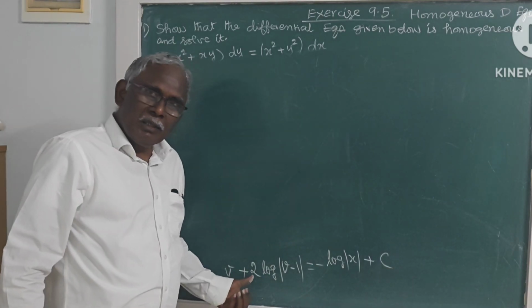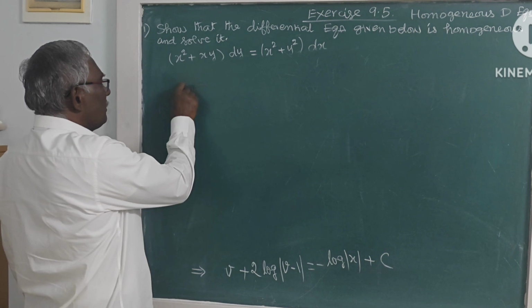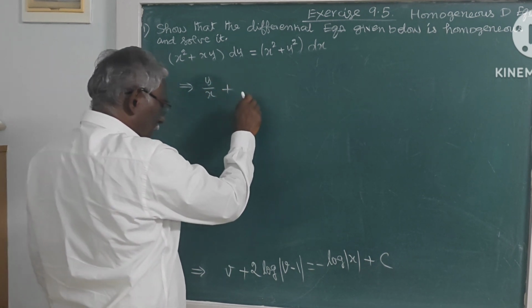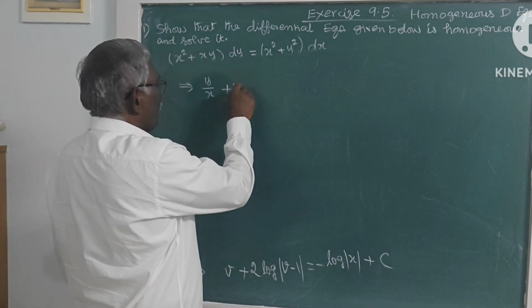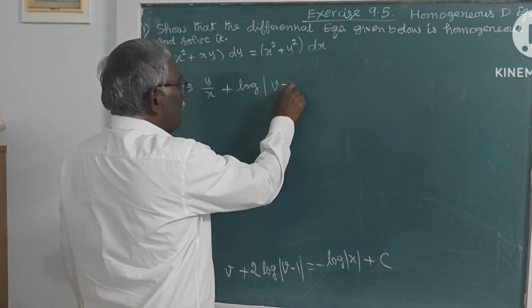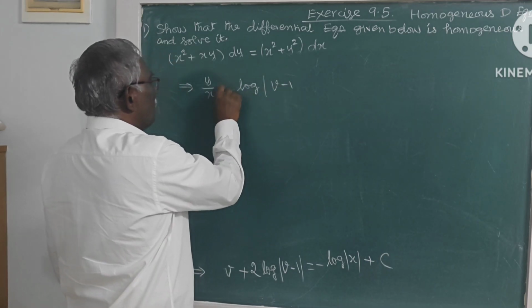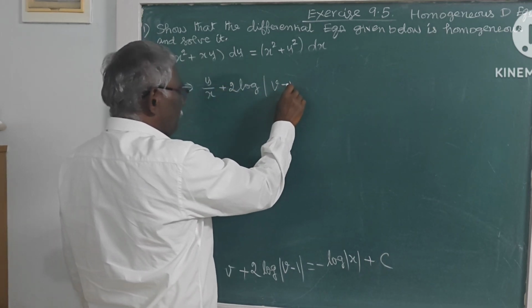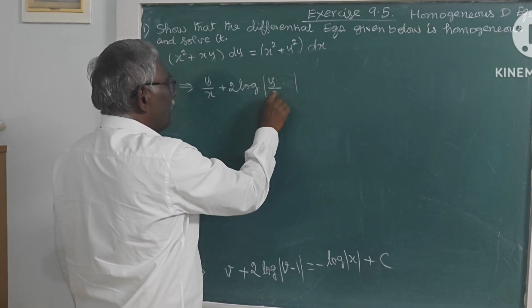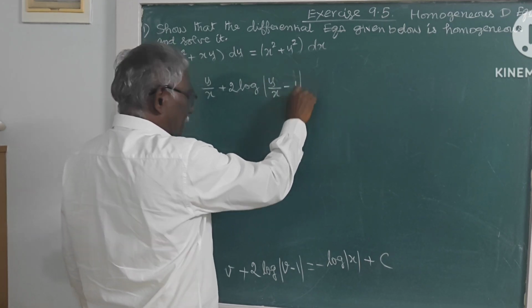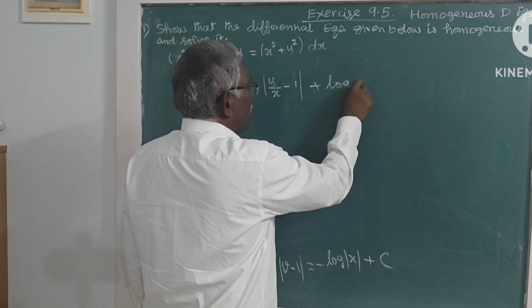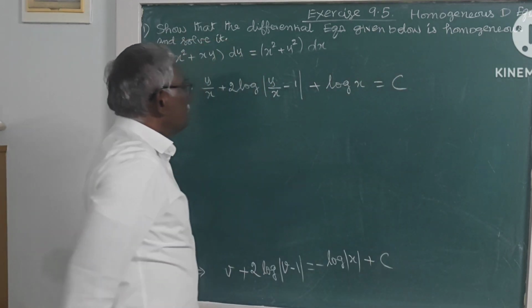But v is nothing but y by x. So this shows y by x plus 2 times log of (y by x minus 1) plus log x is equal to c.